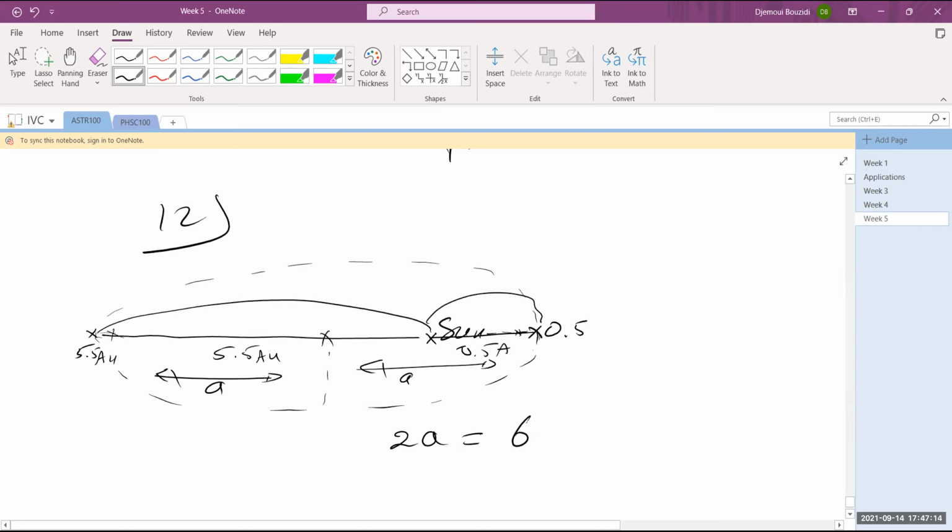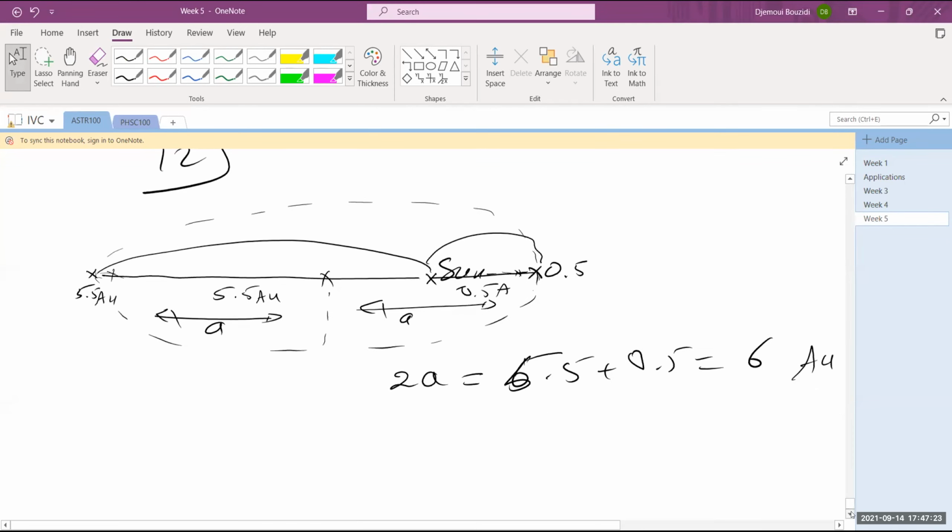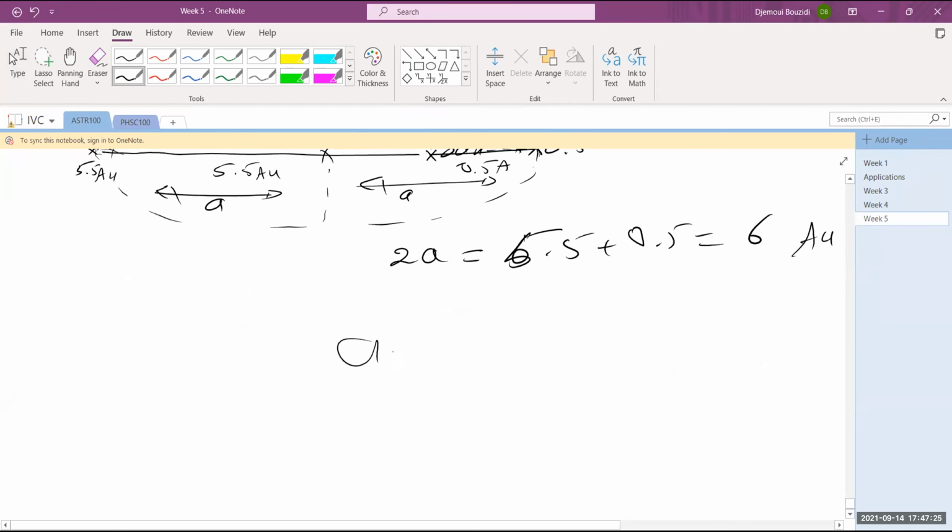Let me write it explicitly: 5.5 plus 0.5 is 6 astronomical units. From here, we can find A to be equal to 6/2, which is 3 astronomical units. This is easy.